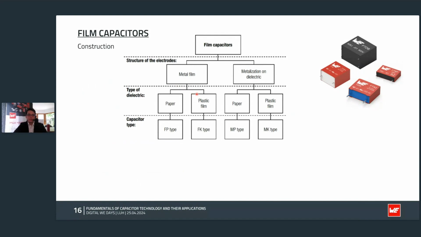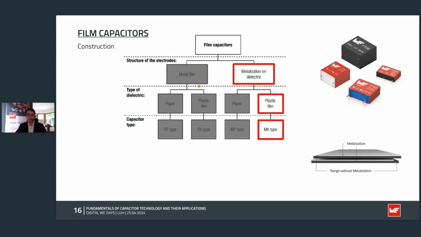The benefit is that these parts are really suited for higher current, higher voltage applications. But the disadvantage is that you cannot get as much capacitance in the same package compared with metallization on dielectric.